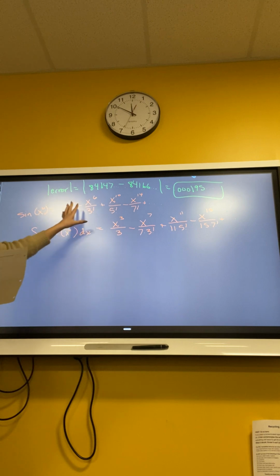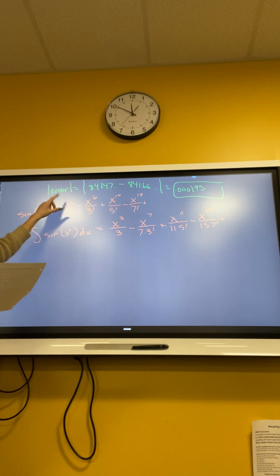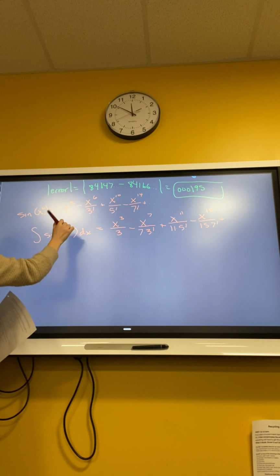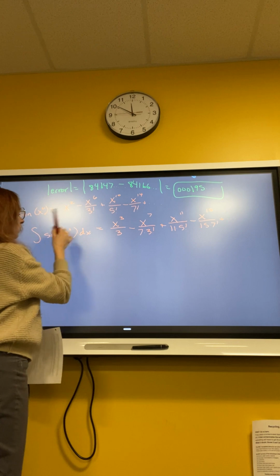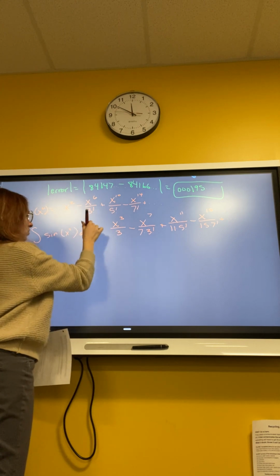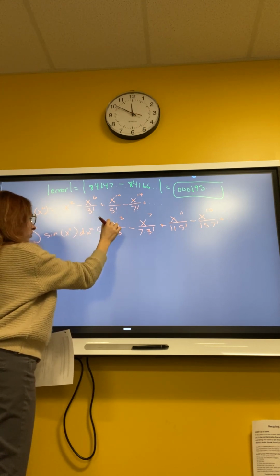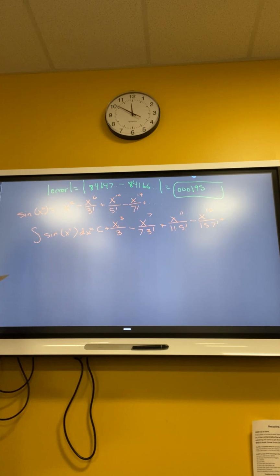I'm using this and integrating each one. And if I don't have bounds, which if they want the antiderivative and they don't give me bounds, I'm just gonna put a C there because there could be a constant, right? Can't forget our plus C.